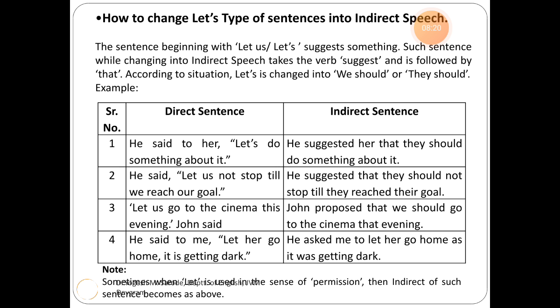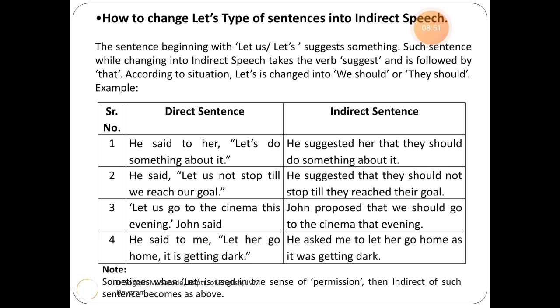Example 3. He said to me, "Let her go home. It is getting dark." It is just imparting information. So here you can use suggest also, ask also. He asked me or he told me also.